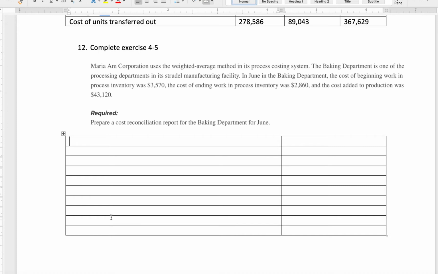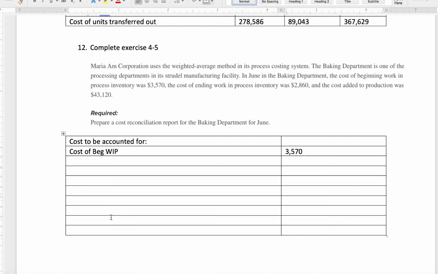Step number one, what are my costs to be accounted for in the beginning? Well, that's easy. I have the cost of beginning WIP, which they tell me is $3,570.